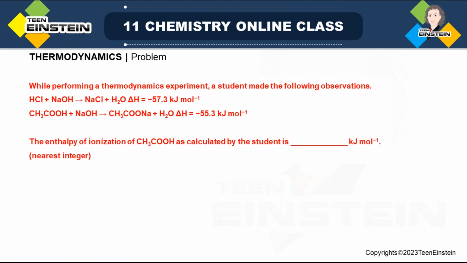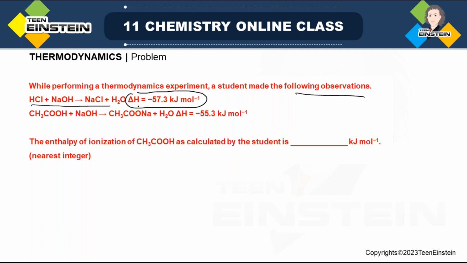While performing a thermodynamics experiment, a student made the following observations. What are the observations? Here we have HCl plus NaOH, the same equation. The corresponding delta H value mentioned is minus 57.3. Now it is in terms of joule, but it is actually the same as 13.7 kilocalorie.